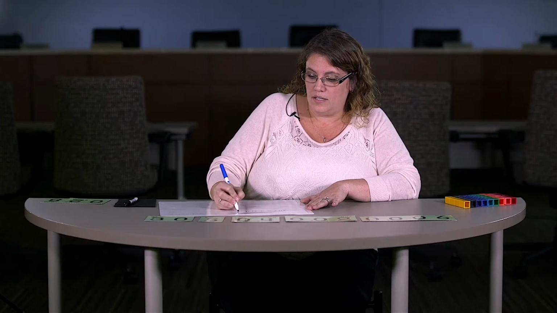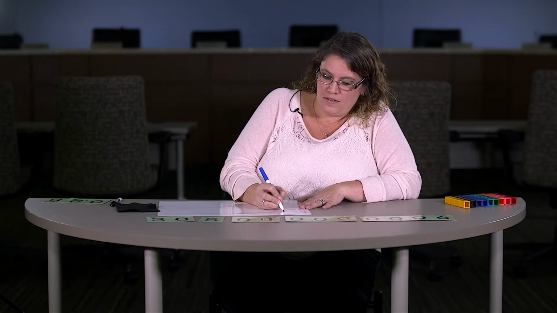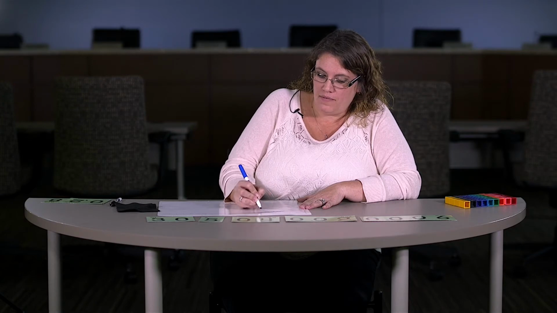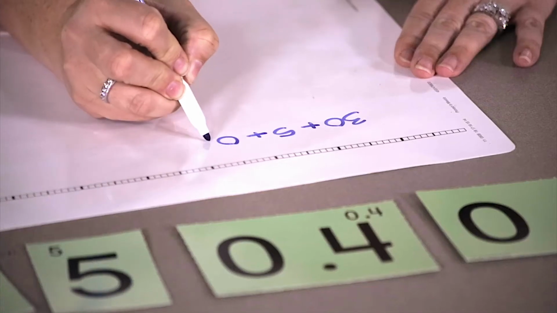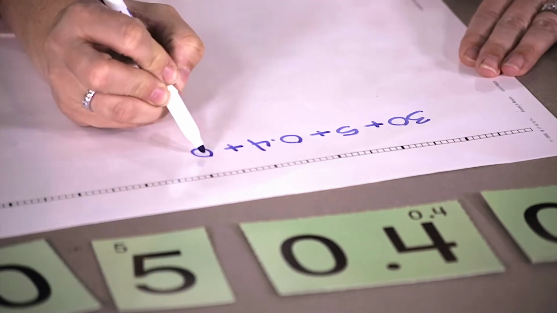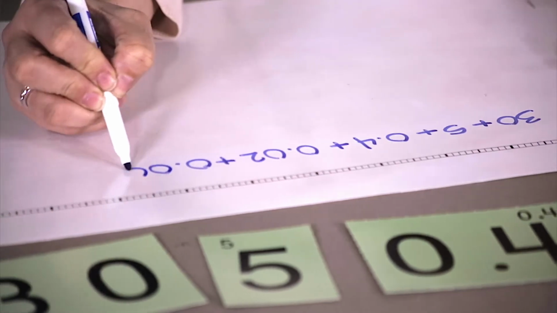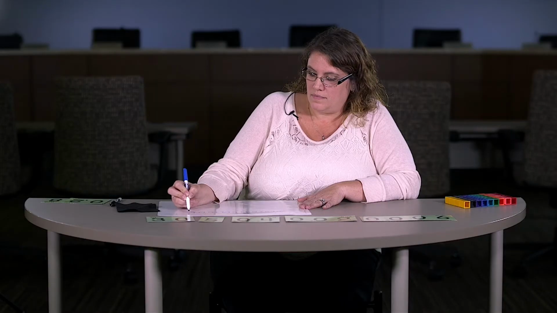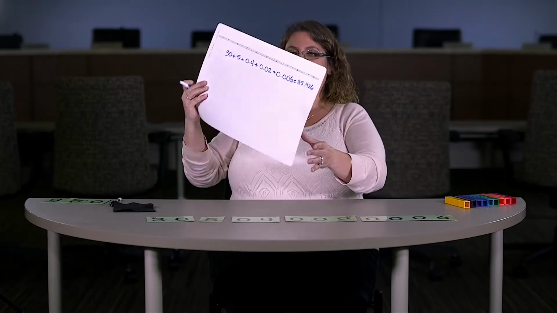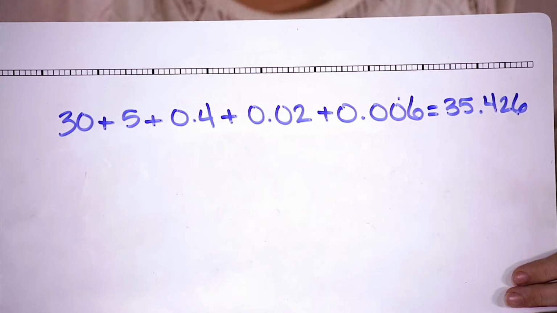So with regular expanded form, students write the value of each of the digits as an addition number sentence. 30 plus 5 plus 4 tenths plus 2 hundredths plus 6 thousandths is equal to 35 and 426 thousandths. This is regular expanded form.